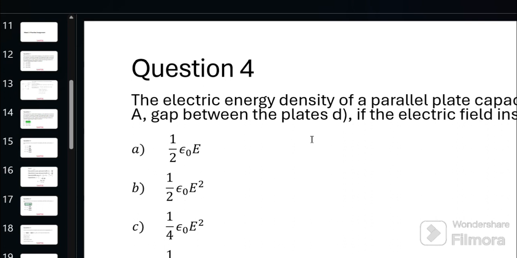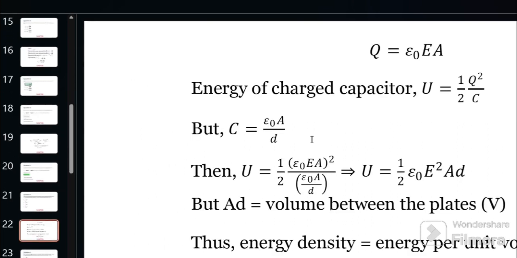In the fourth question, we have the electric energy density in the parallel plate capacitor. If the electric field inside is E, then the energy density is given by. We already know the charge is epsilon naught into electric field into the area, so charge density into area will give the charge, and then you know the energy of the capacitor equation.